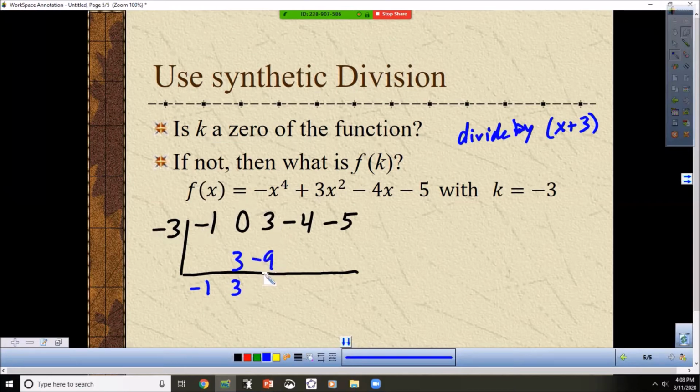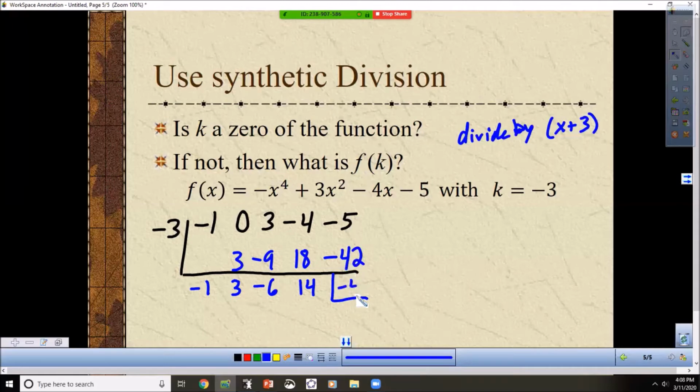3 plus negative 9 is negative 6. Multiply, negative 3 times negative 6, that's 18. Negative 4 and 18 is positive 14. Negative 3 times 14 is negative 42. And here's where everything is determined. Our remainder is negative 5 plus negative 42.